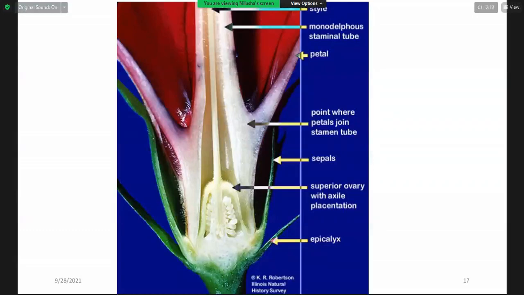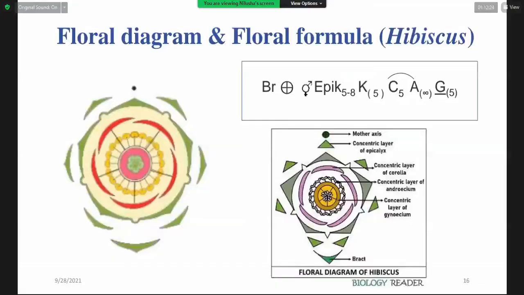Next one is the petal. That petal is joined to the staminal tube. So here we have to draw the line between the petal and the staminal tube. Is it clear to all?